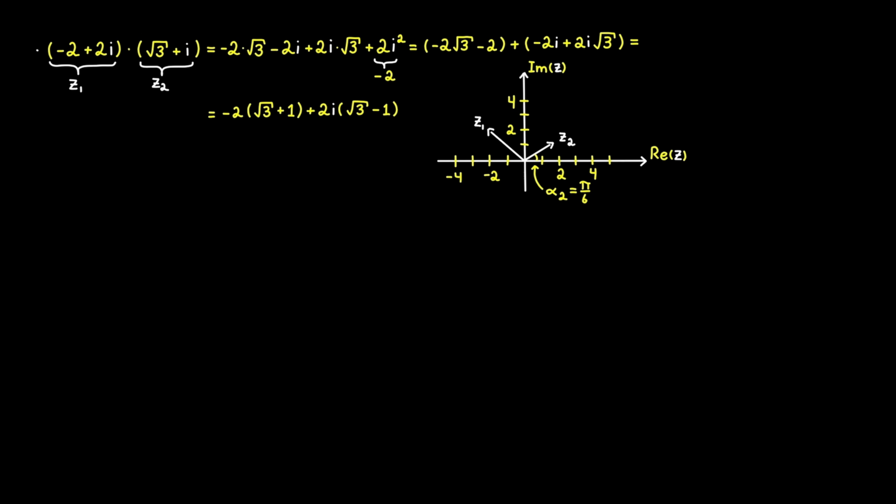And the length of this complex number is, as we learned before, equal to the square root of a real part raised to the power of 2 plus the imaginary part raised to the power of 2, which in this case is going to be the following. And if we simplify this, we get the square root of 4, which is equal to 2.